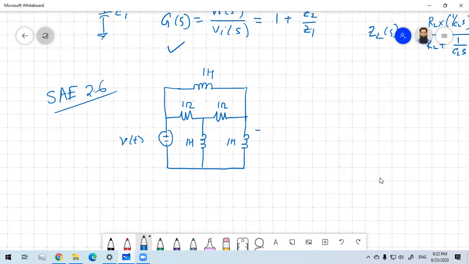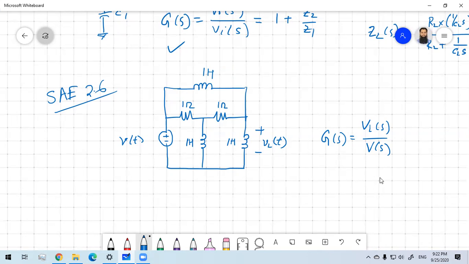You have to find out the voltage across the inductor, VLS. So the target is to find out G of S equal to VLS by VS.